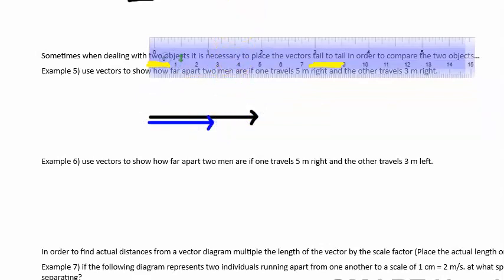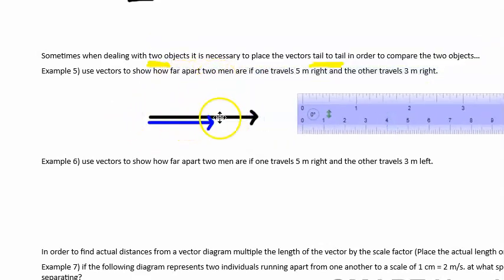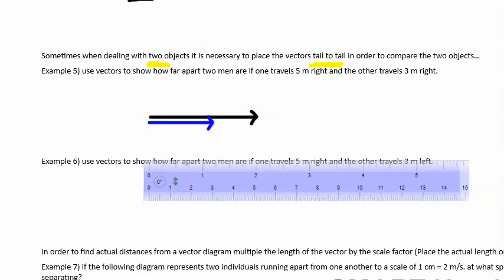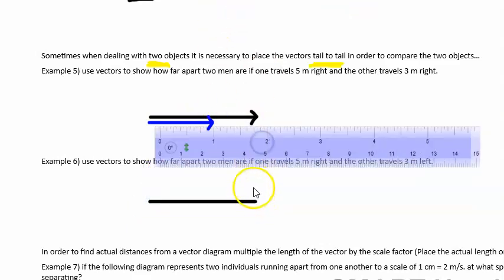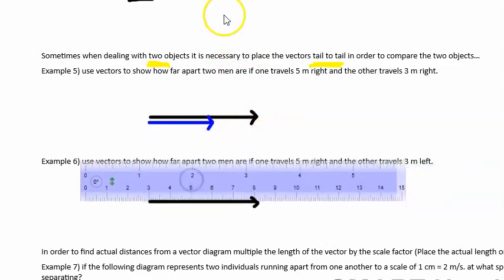Notice the difference is a total of 2 meters, but we will draw them out tail to tail. Again, this is because there's two men, so black is representing man 1, blue representing man 2. Similar thing where one is going to the right, 5 meters to the right, and 3 meters to the left.